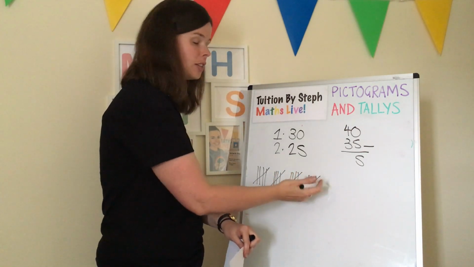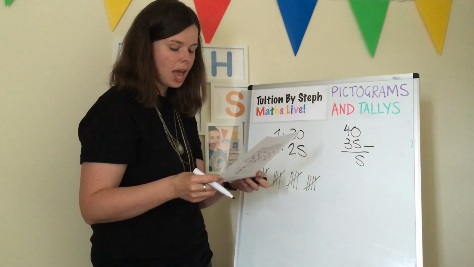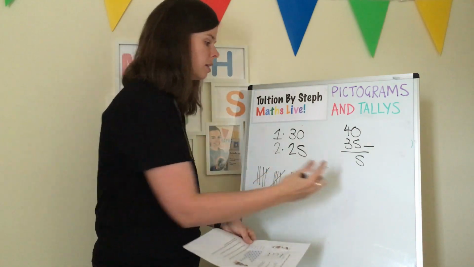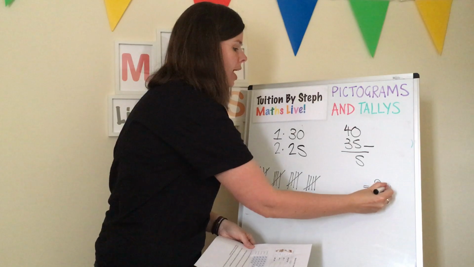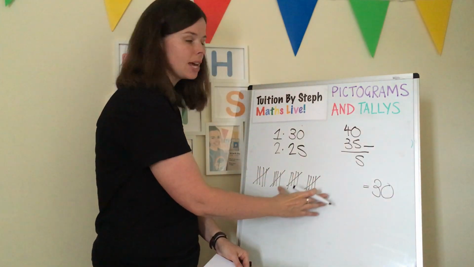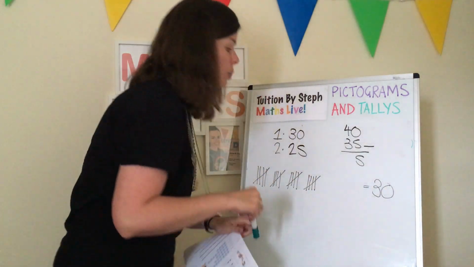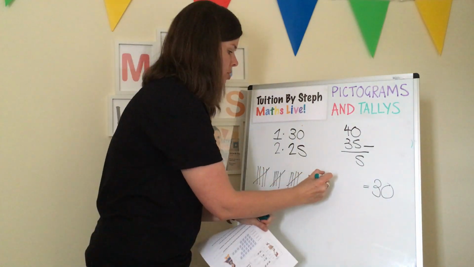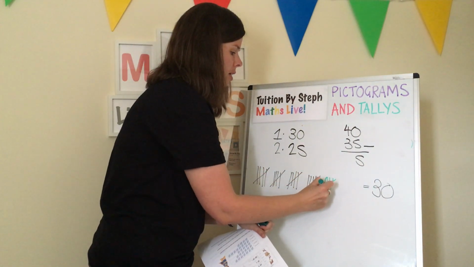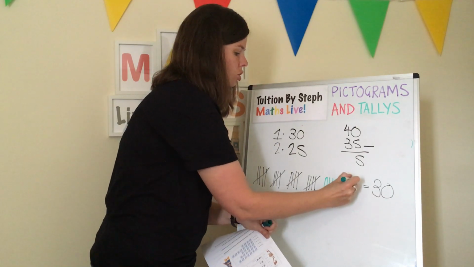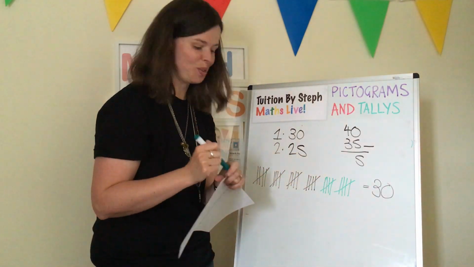So 5, 10, 15, 20, that's what it looked like on the chart. And the total should have been 30. So how do we change this tally to make 30? Well, the difference between 20 and 30 is 10. So you need to add another 2 groups of 5. And that will be your answer.